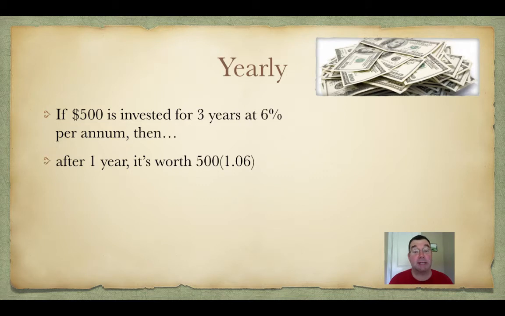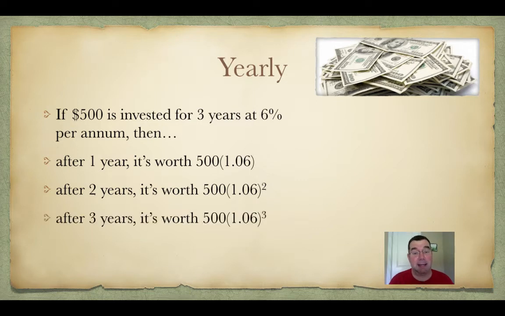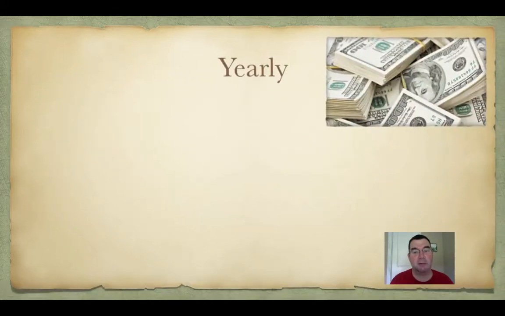So I'm going to take the $500 and multiply it by 106%. Then after the second year, I multiply it by 106% again. And after the third year, it's multiplied by 106% one final time. Okay, and that's about $595.51. Okay, so you kind of see a pattern, hopefully.